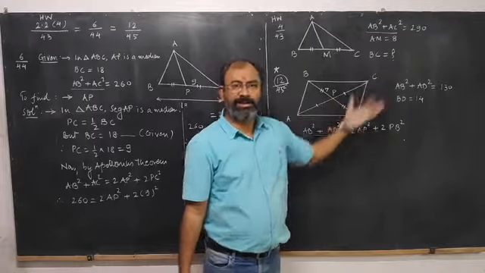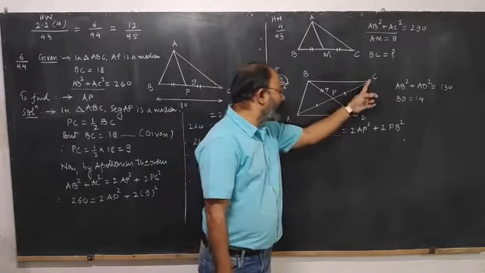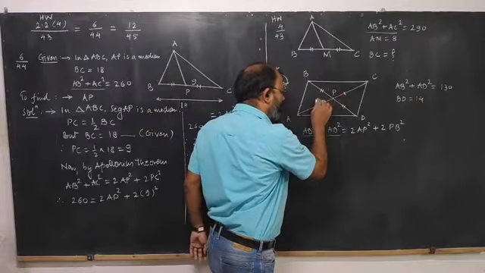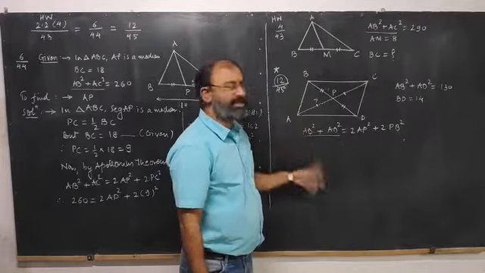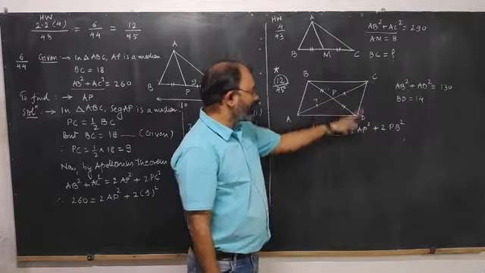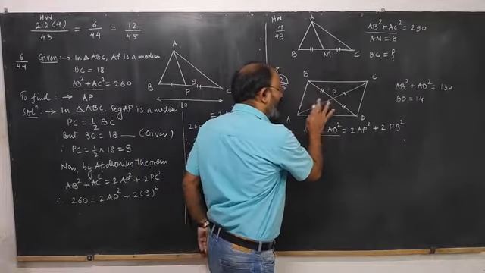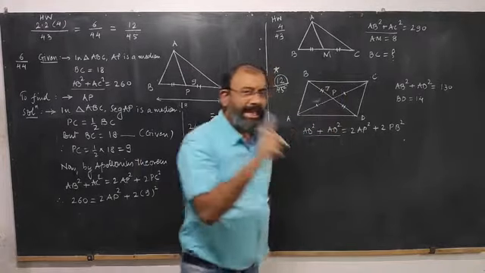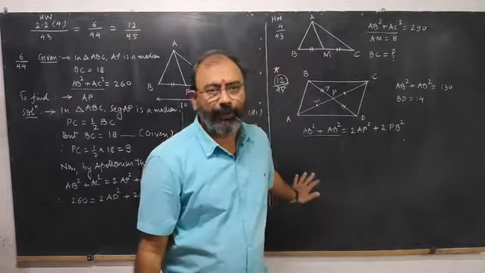Double it and you will get AC. If you took AC as 14, then 7 will go here. Then also you apply Apollonius theorem in the same triangle, you will get PB, double it and you will get BD. So you can consider any one diagonal and get the second diagonal using Apollonius theorem.